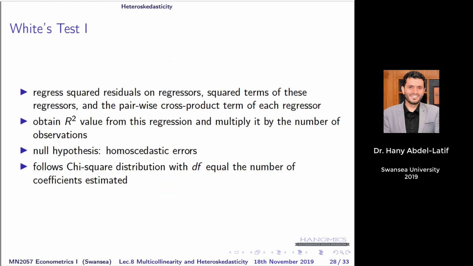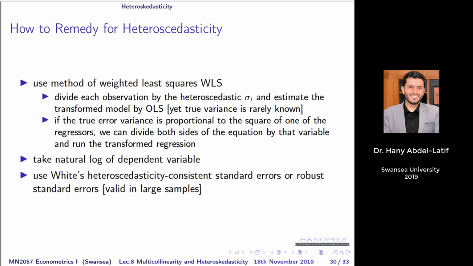So now we understand what heteroskedasticity is, the consequences, the causes, all these lovely things, and we know how to test for it. Now, if we have heteroskedasticity, what should we do? I already mentioned that in the beginning. We could use weighted least squares.